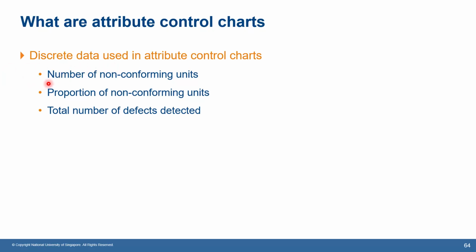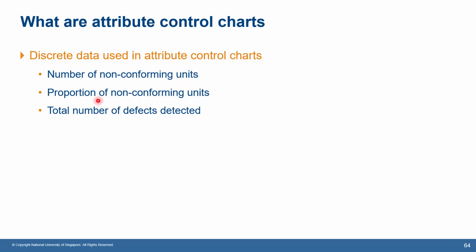For example, if you are measuring the number of non-conforming units, the number of defective units, this will clearly be discrete data. Or you are measuring the proportion, meaning the fraction of non-conforming units. You take the number of defective units divided by the total number of units you inspect.